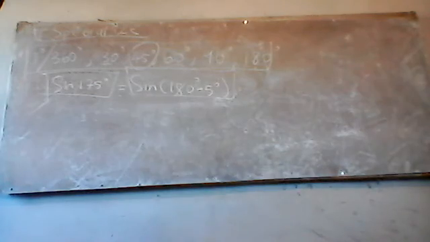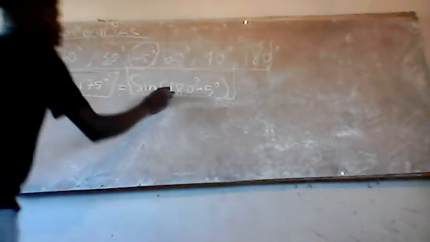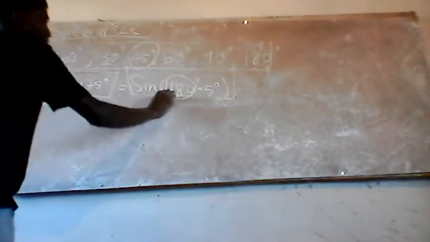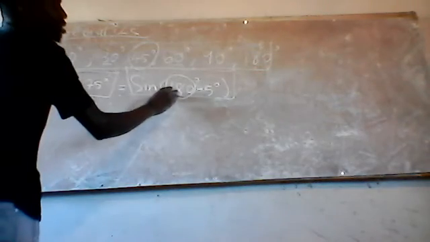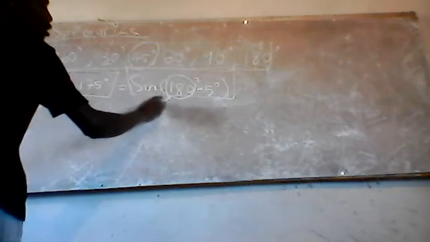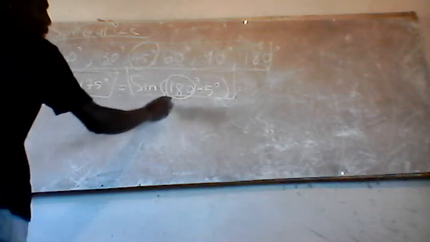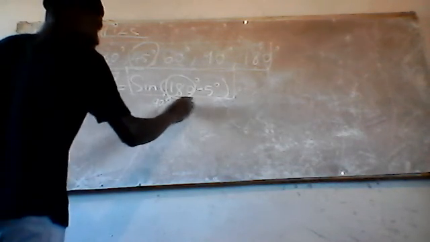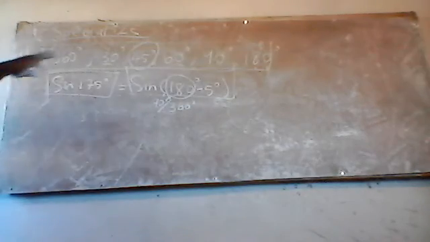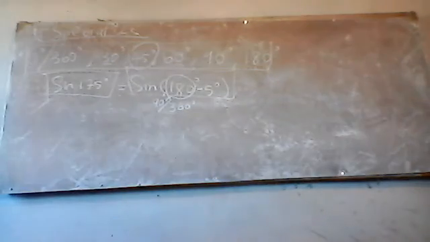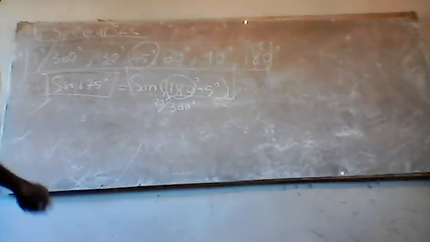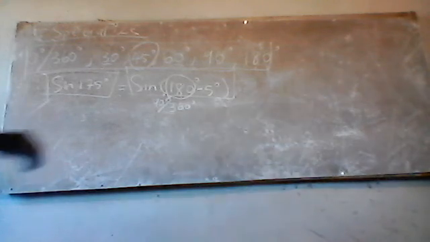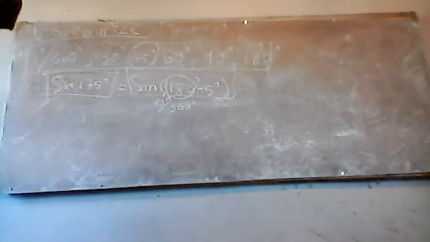To be specific, guys, the number that will always be here at the beginning is either going to be 180 or 90 degrees or 360 degrees. Remember, this is still the grade 10 and grade 11 revision. When you get to grade 12, you'll be able to pick any pair of your choice.